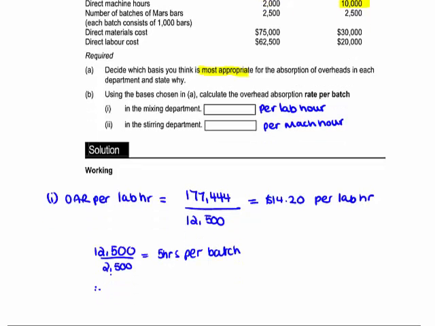So therefore the appropriate amount of overheads in the mixing department will be 5 hours times $14.20, which is $70.98 per batch.